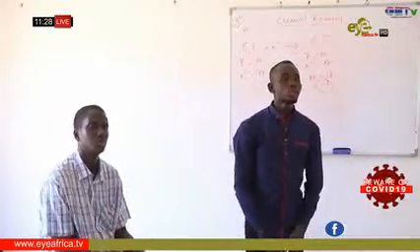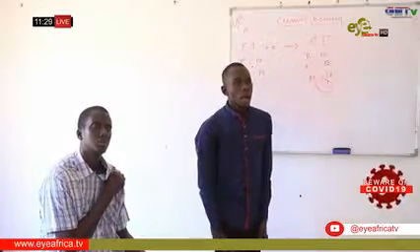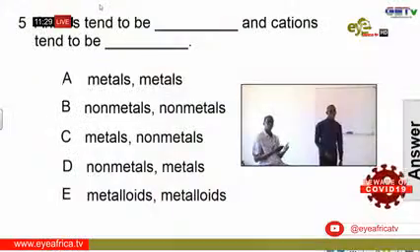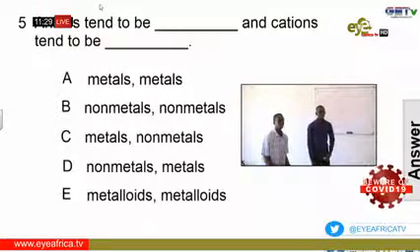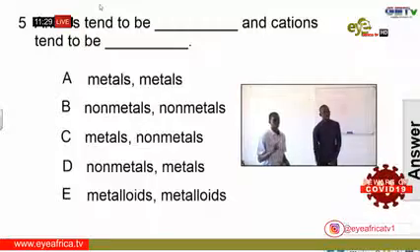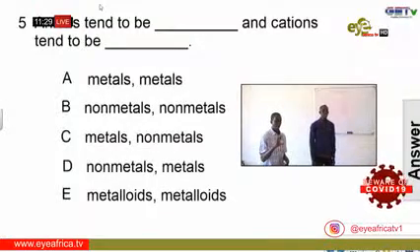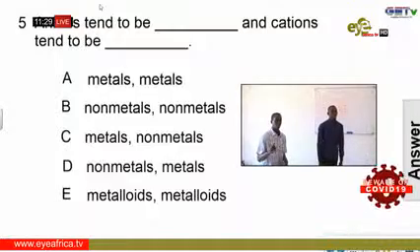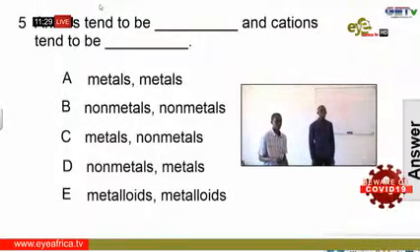Now we have again some sample questions. Number 5 reads, anions tend to be dash and cations tend to be dash. A, metals and metals. B, non-metals and non-metals. C, metals and non-metals. D, non-metals and metals.